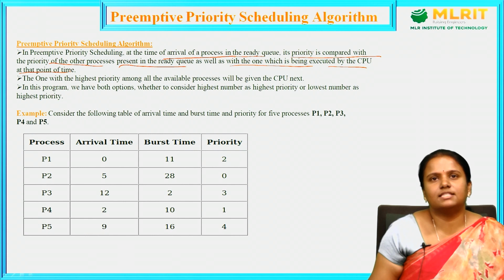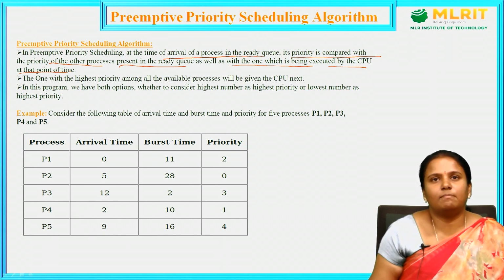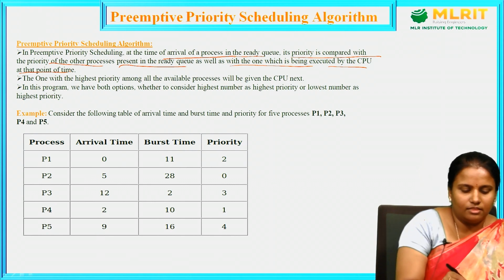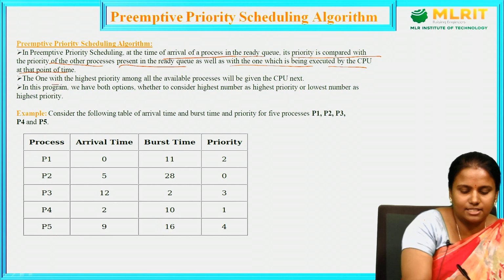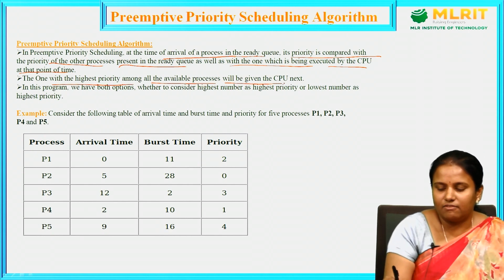The one with the highest priority among all available processes will be given the CPU next.